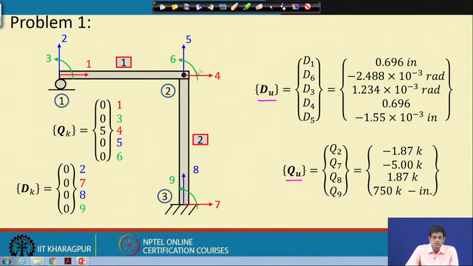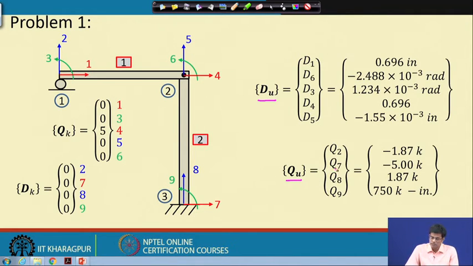Now suppose it is asked that you find the internal loading of the members. Then essentially you have to find the loads acting at node 1, node 2 and node 3. At node 3, we know all the loads acting, because this will coincide with the internal loading.